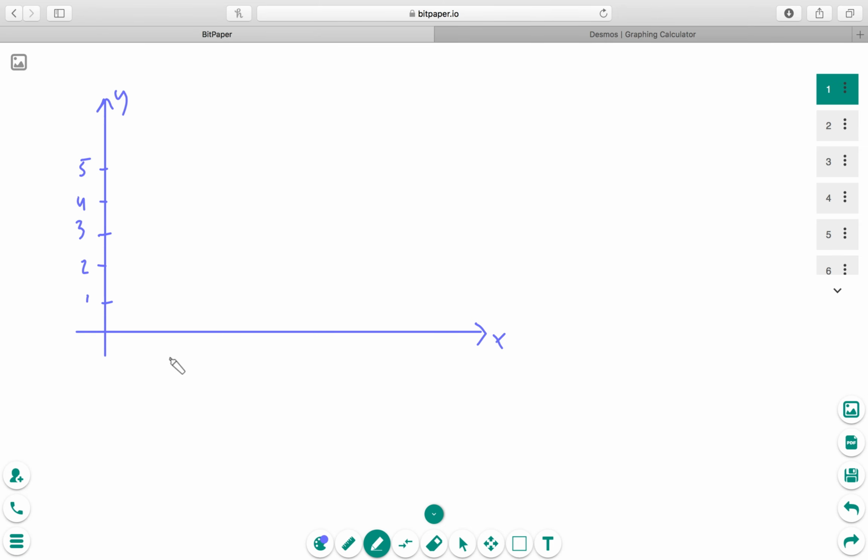And then I'm going to go all the way to 10 on this one. 1, 2, 3, 4, 5, 6, 7, 8, 9, 10. 4, 5, 6, 7, 8, 9. Alright, so we have those.